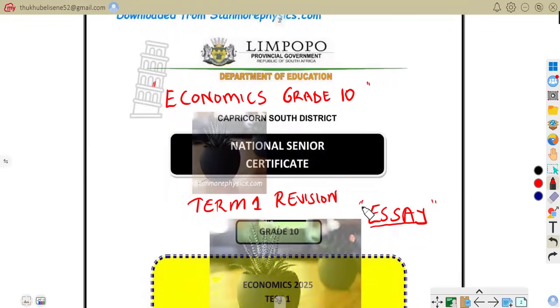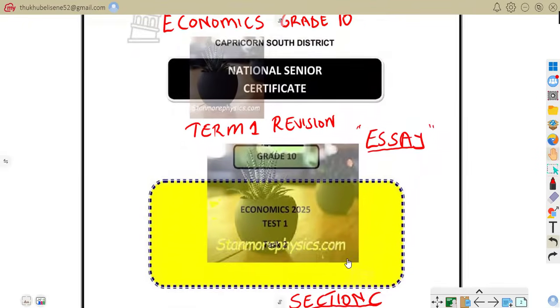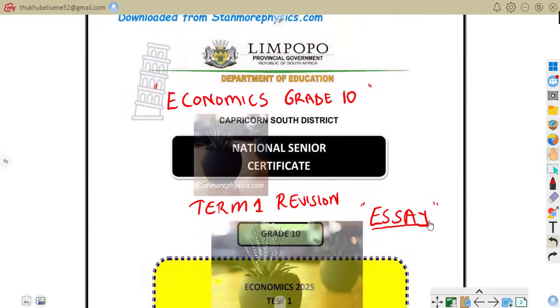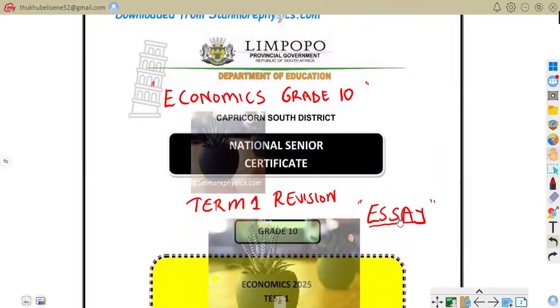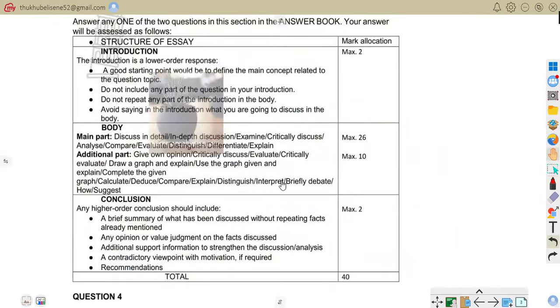This is the last part of our question paper that we did together, which is Section C. We know very well that Section C is an essay question. So without wasting much time, let's quickly go to our question 4 under Section C.